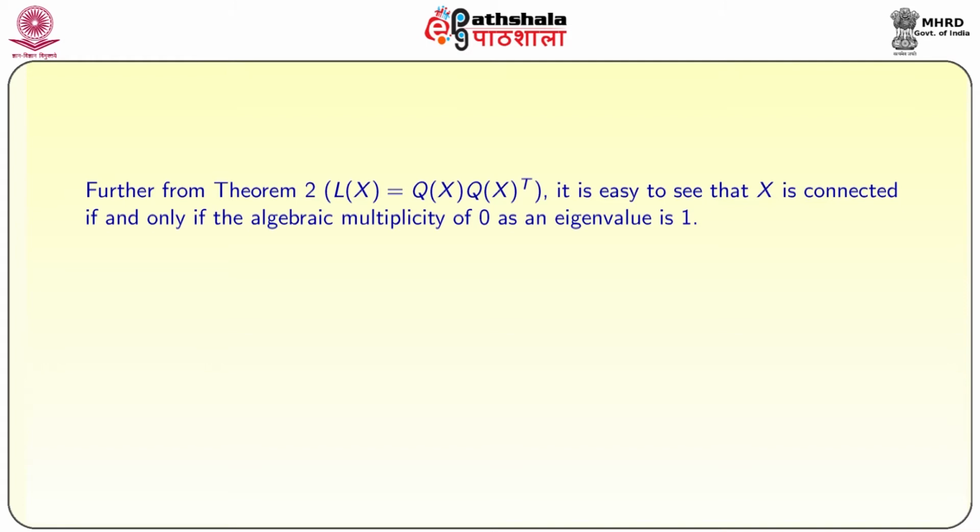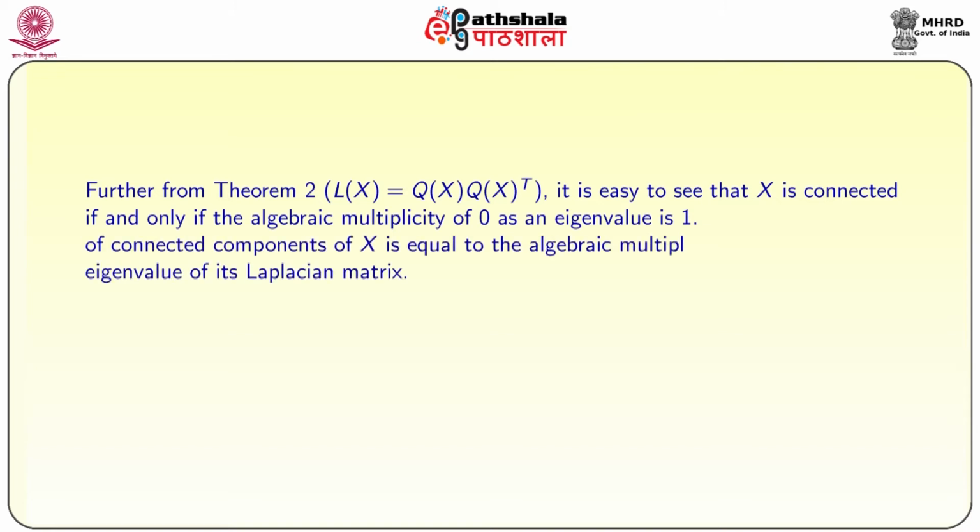In other words, rank of L is n minus 1 whenever X is connected. Further, we saw that rank of L cannot be n, it is always less than or equal to n minus 1, as 0 is always an eigenvalue. So, the algebraic multiplicity of 0 as an eigenvalue gives information about the connectedness of the graph.